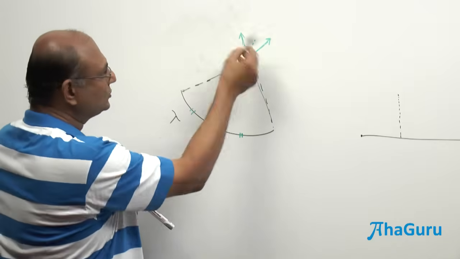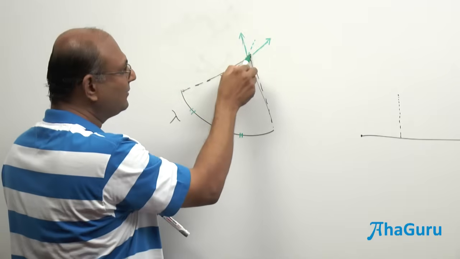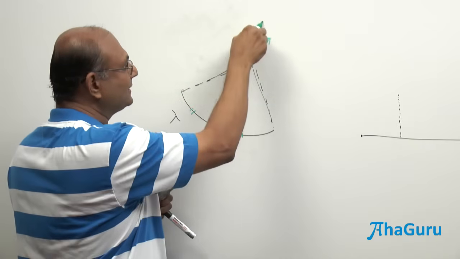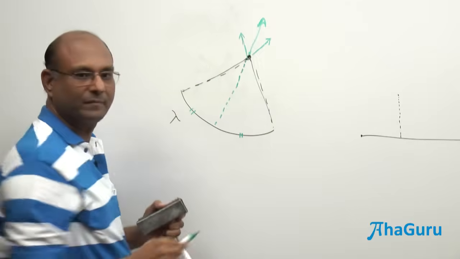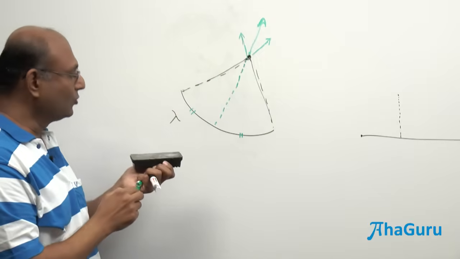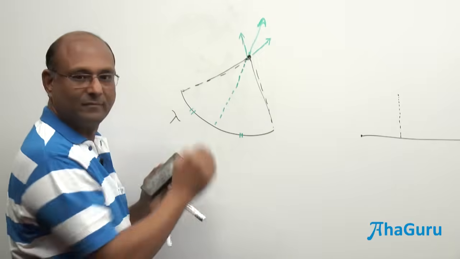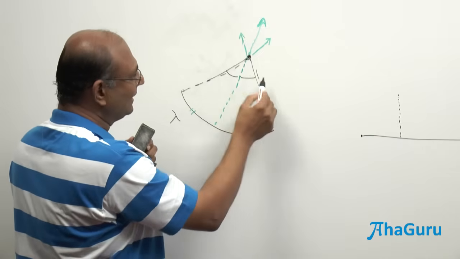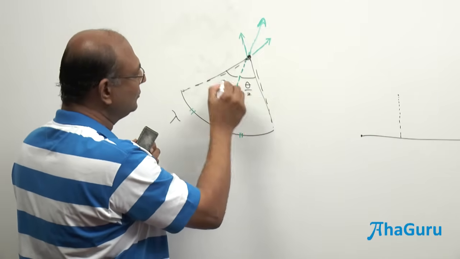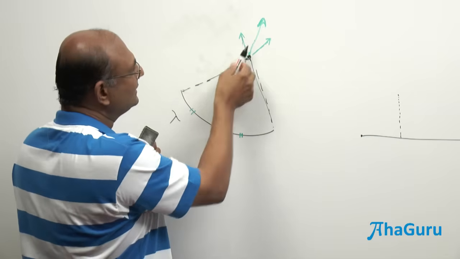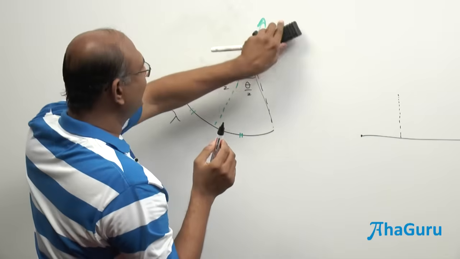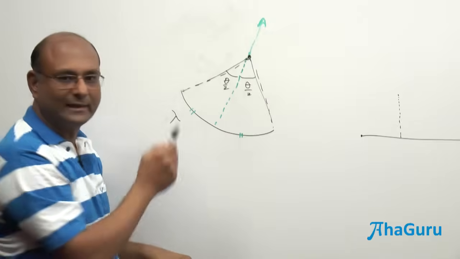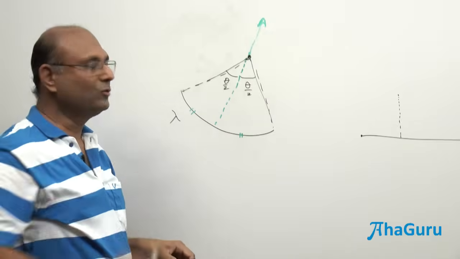You expect that these two will cancel, and so the net field because of these two will point in this direction, right? So I can conclude that for this arc, the field is along the angle bisector. If the angle was theta, this would be theta by 2, and the field is along the angle bisector. So the field right in the middle, you can do that.